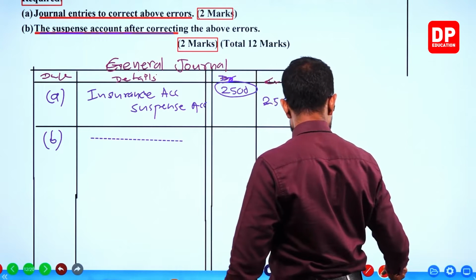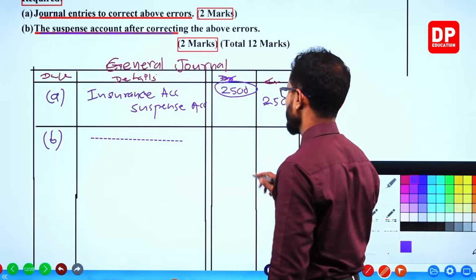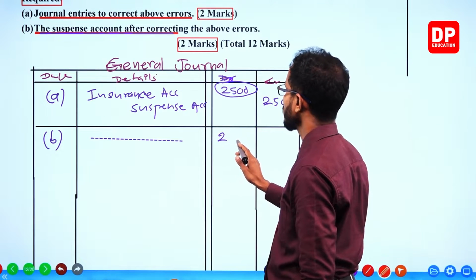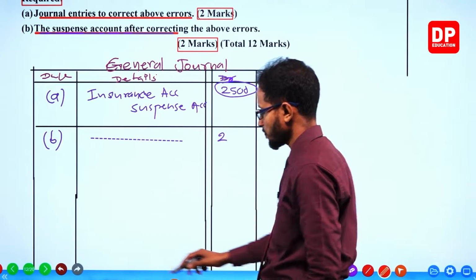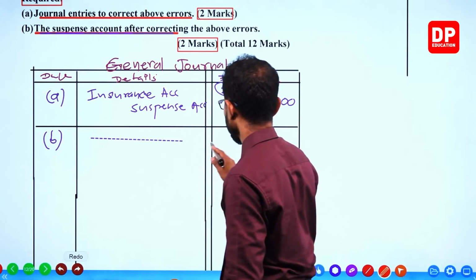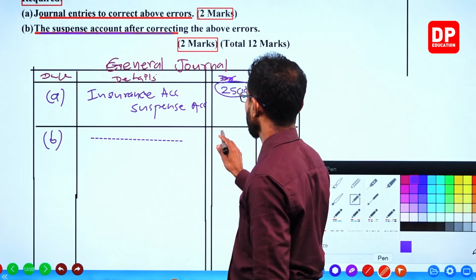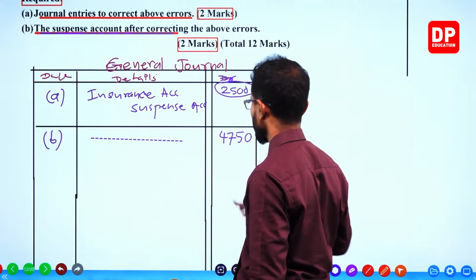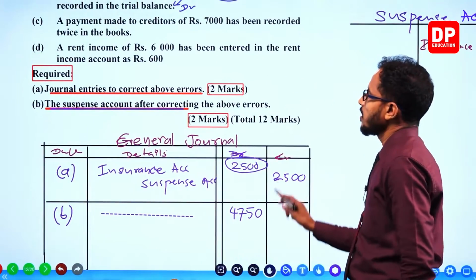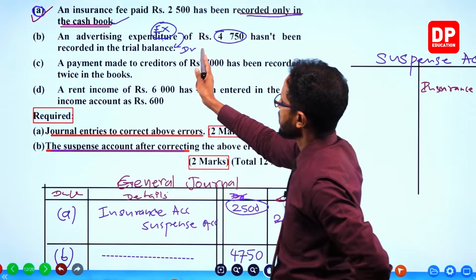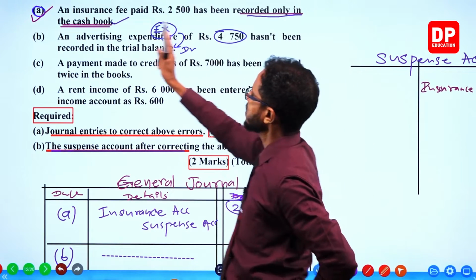Don't mention trial balance in the journal, but put the amount 4,750 to the debit side. Then, the expense account balance is on the debit side of the trial balance.